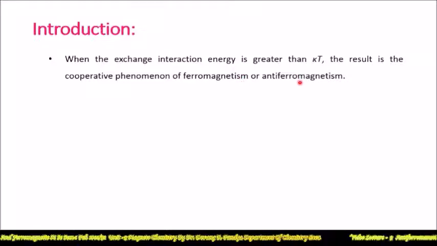Already we have discussed the plot of 1/χ versus T, where when we decrease the temperature to the Curie point, the magnetic susceptibility value drastically increases and the substance behaves ferromagnetically, and at the Néel temperature the magnetic susceptibility value drastically decreases and the substance behaves antiferromagnetically.